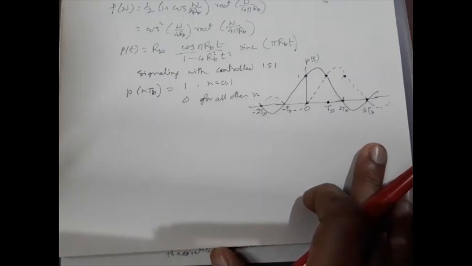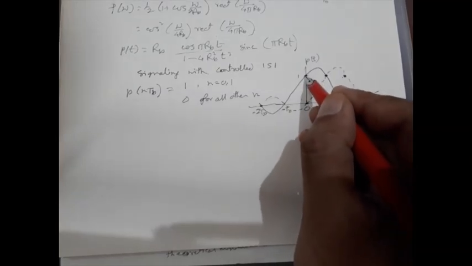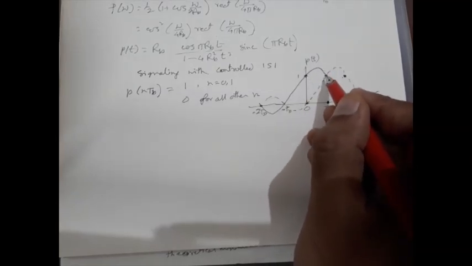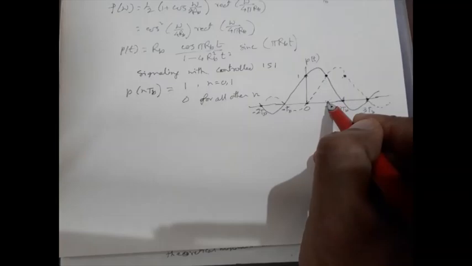If both pulses were positive, the sample value of the resulting signal at t equal to TB would be 2. For example, this one. Here, if you consider at time TB, we have one value for this solid pulse and one value for this dotted pulse. So the total value will be 2.